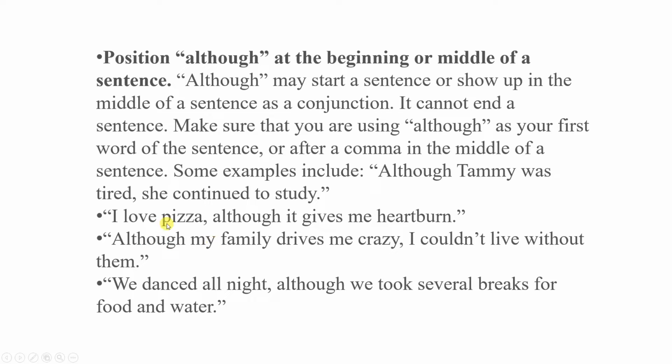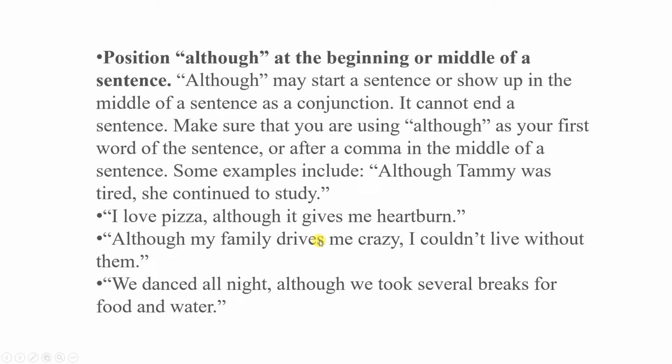Now here although is used in the middle of the sentence. That means if the first condition, the first difference, is in the first part of the sentence, then although can be used in the second part of the sentence. Or you can show the first contrast with although in the first part of the sentence also.